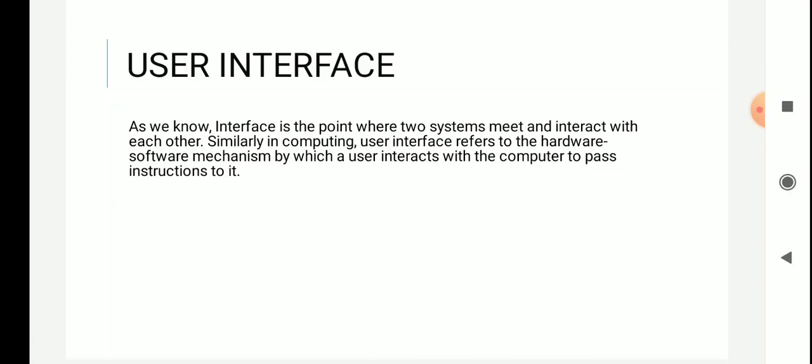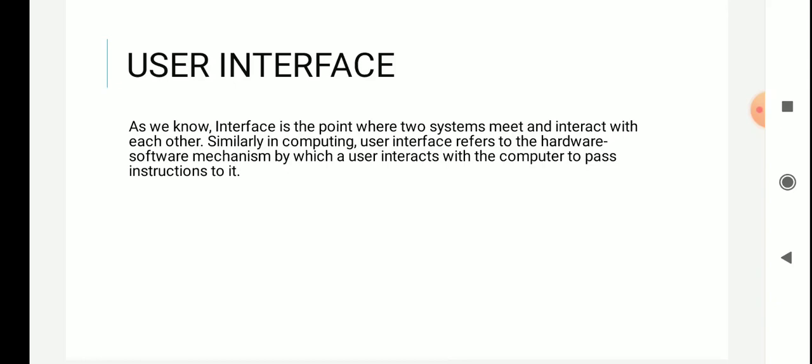And then software stored inside the computer takes your input, the CPU processes your request, and again the hardware, which is the monitor screen, with the help of software, gives us the output. So this is known as the user interface, where two systems meet and interact with each other.